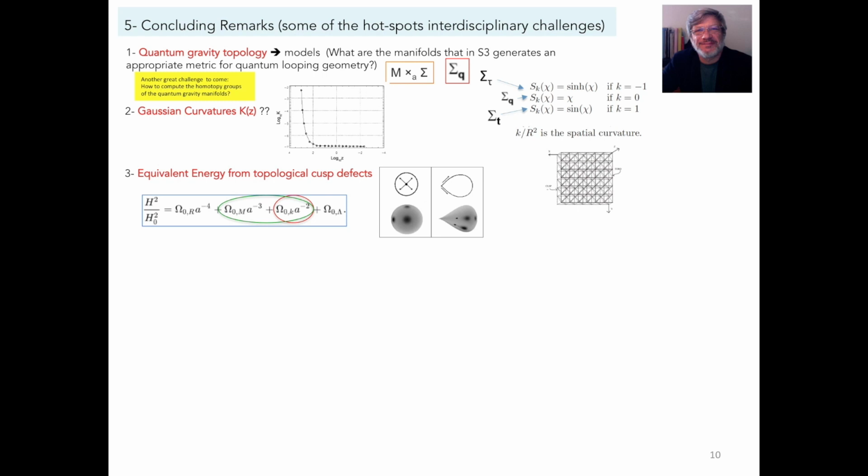The third one concerns how to calculate the energy density from deformations and topological defects in the space-time curvature. I remind you that in such a case, dark matter density can mimic topological deformations, distortions, or defects.